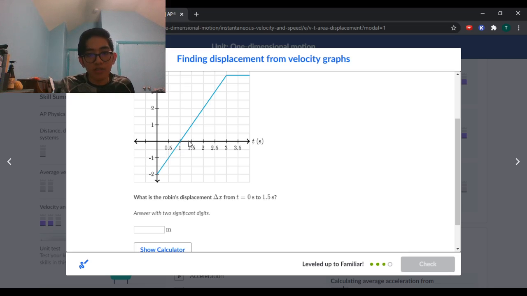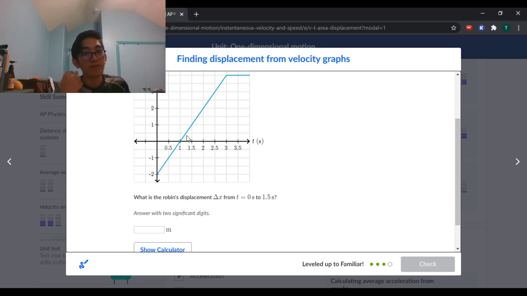But what about 1 to 1.5? Same idea. So 1/2 times the base, which is 0.5, and then times the height, which is 1. So 1 times 0.5 times 0.5, that's 0.25. So what we have here is -1 meters for this segment and 0.25 for this segment right here.